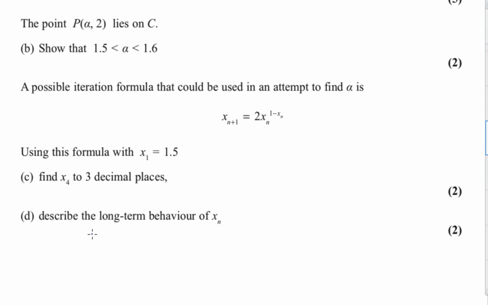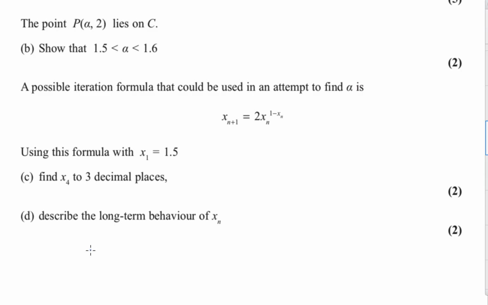Part D then asks us to describe the long-term behaviour of x n. If you keep your calculator with the setup as we had for part C and just keep pressing equals, you'll see that the values, the one that's above 1.5 will head towards 2, and the one that's below 1.5 will head towards 1.